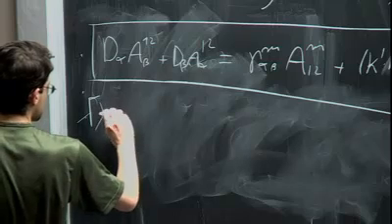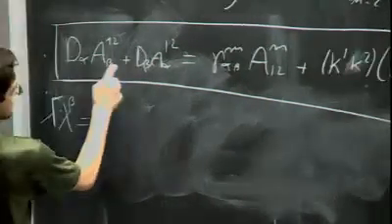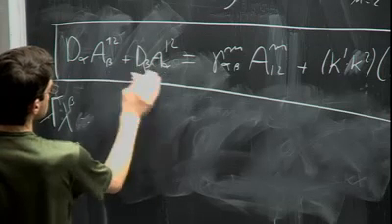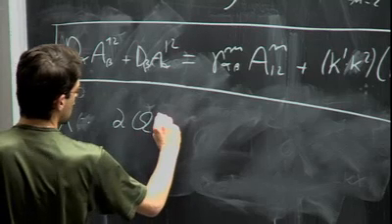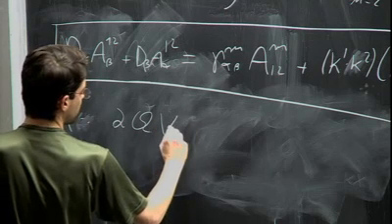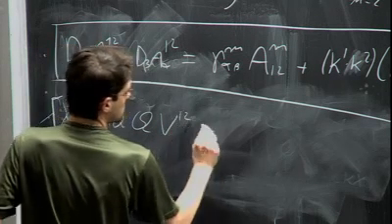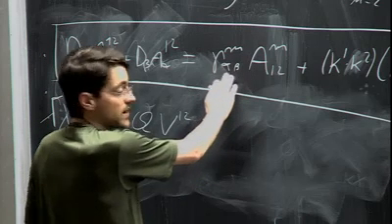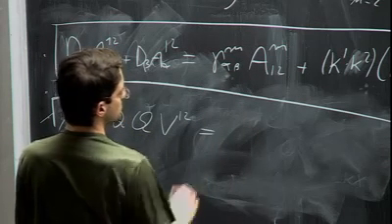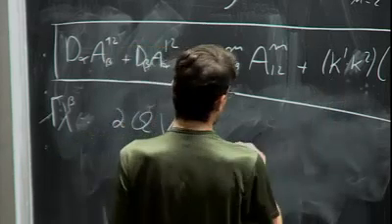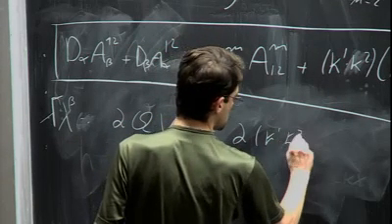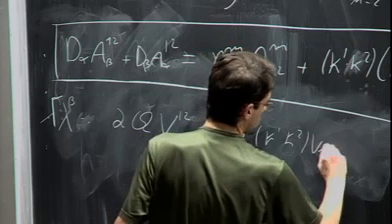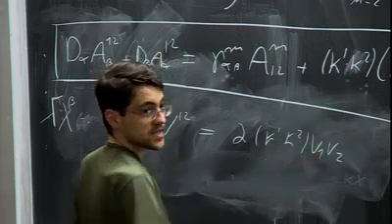Let's contract this equation with lambda alpha and lambda beta. If you do this, you get 2 times the BRST charge acting on V12 is equal to, this part here cancels by the pure spinor constraint, so you get 0, and then you get 2 times momentum 1, momentum 2, and V12, which is the equation that we had there.